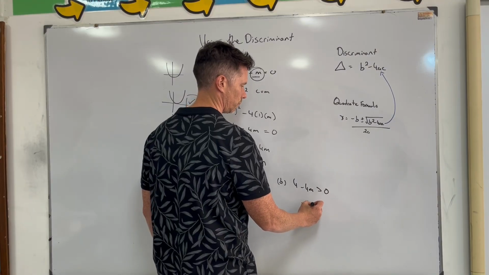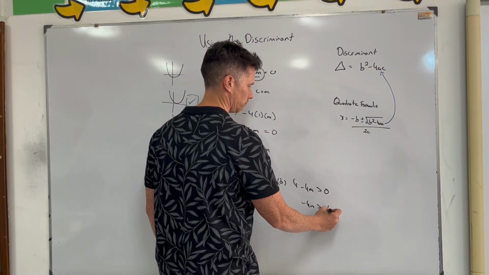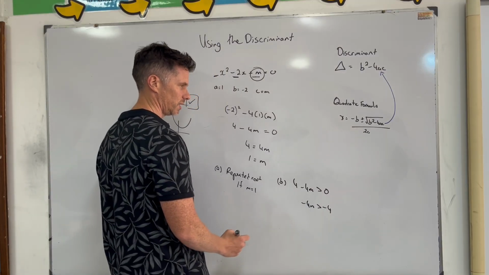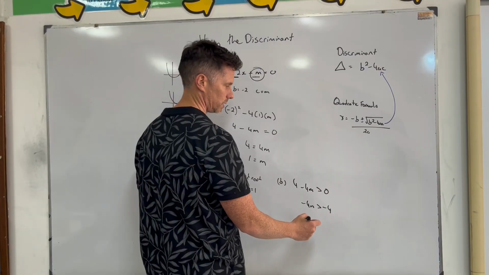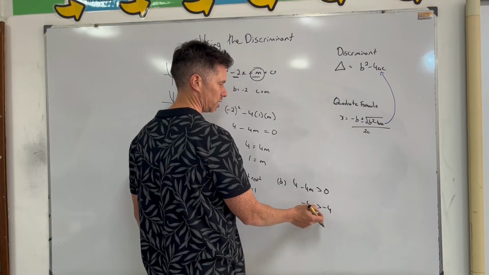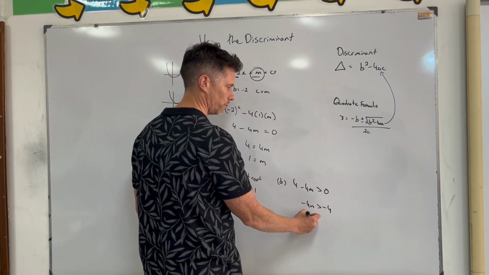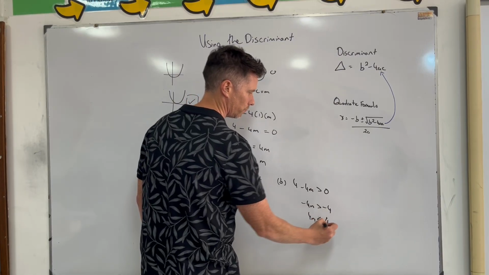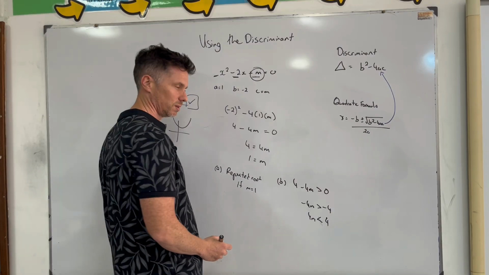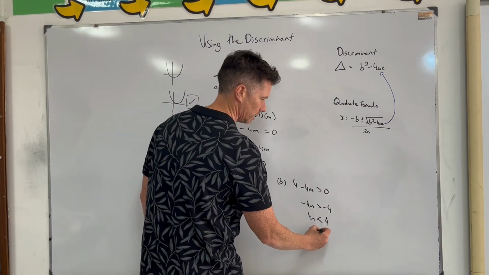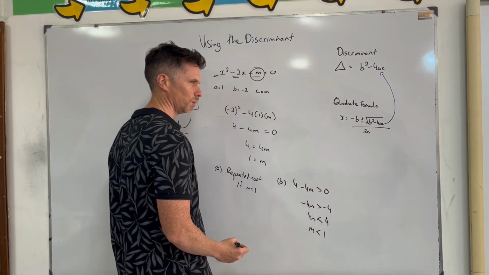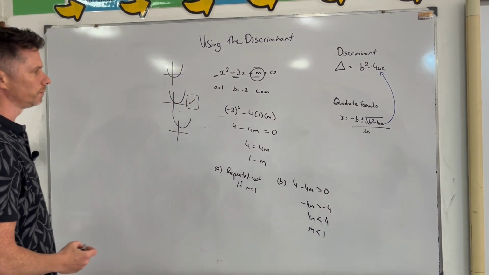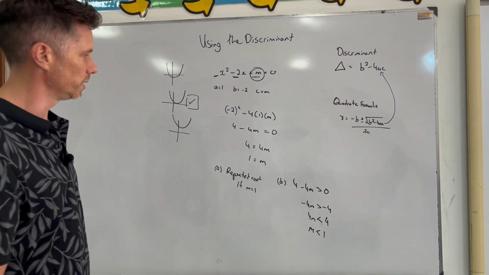So we want 4 minus 4m greater than 0, so minus 4m is greater than negative 4. What do we do with the sign here? If you're changing this sign, you have to change that sign too, so it's 4m less than 4 for it still to be true. Then m has to be less than 1. m has to be less than 1 for it to have 2 real roots.